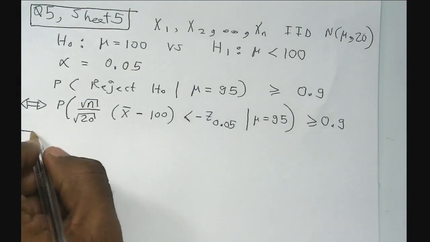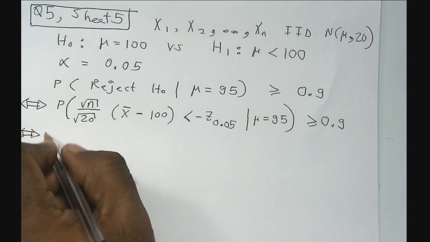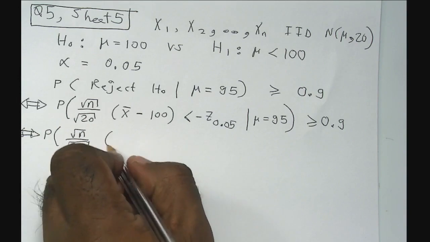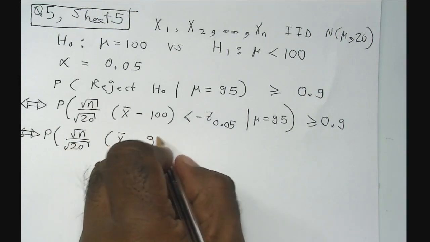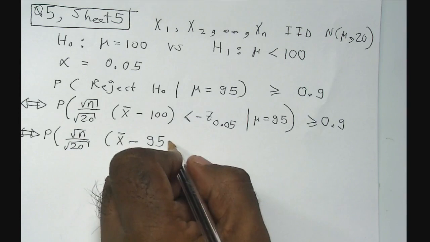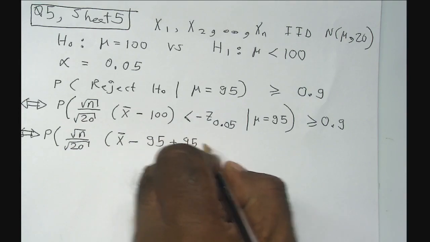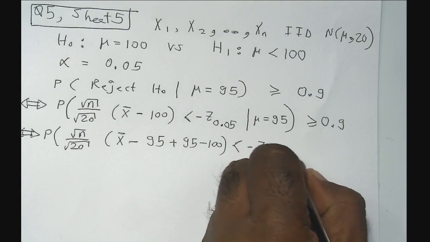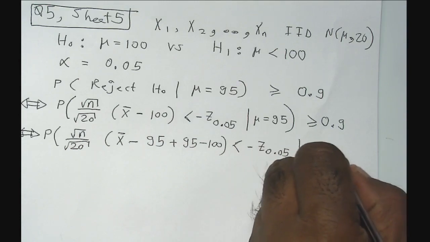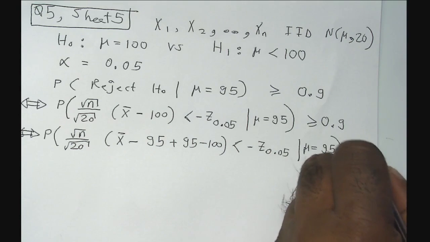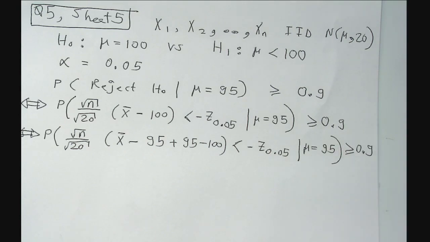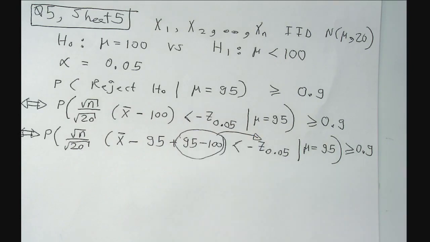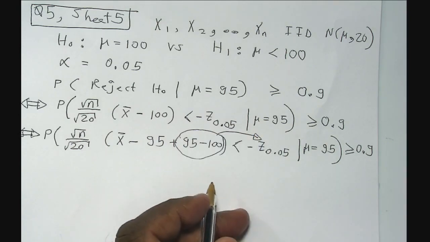So the next thing you must do is to change the 100 to a 95. So you need to add a 95 and subtract the 100. Now group these together and take them to the right hand side. 95 minus 100 is minus 5.